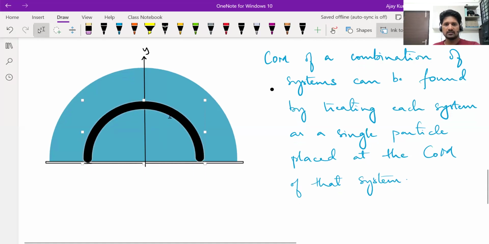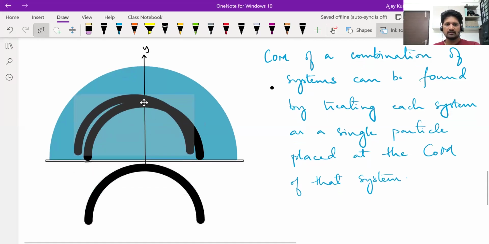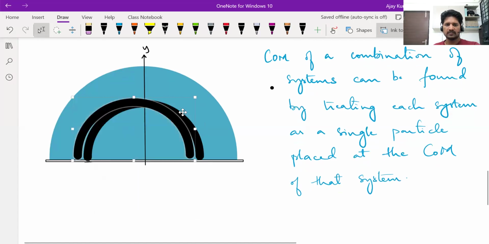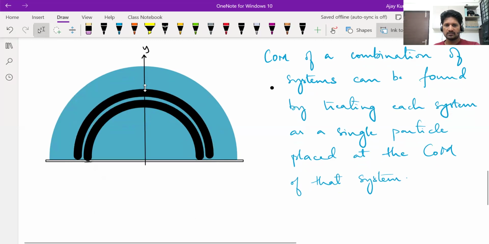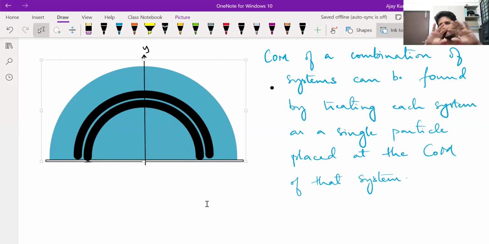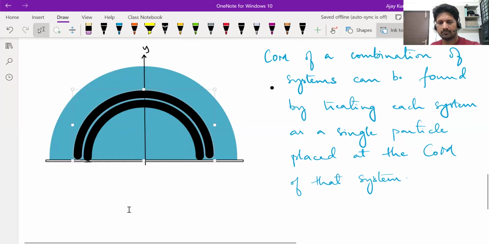You can consider one ring like this, then consider another ring bigger than this one. I'll help you visualize. You can consider another semicircular ring slightly bigger than this one, and you stack all those rings one over another, touching each other. What you get is the semicircular disk that is given in the problem.